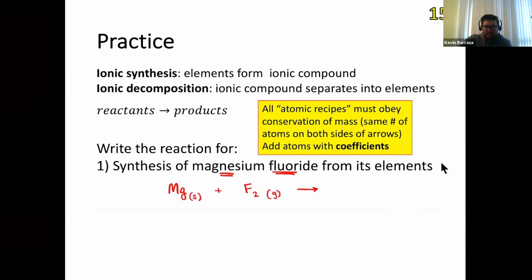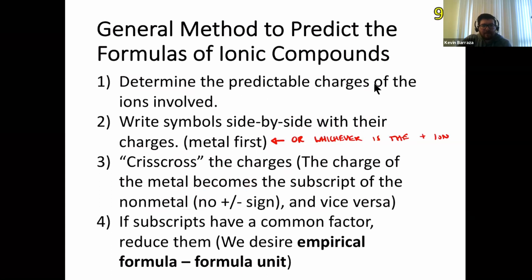And they make the compound between them. So what are we going to do? Maybe I'll jump back to the formula for the ionic: determine the predictable charges of the ions, write the symbols, and crisscross. Reduce if necessary.